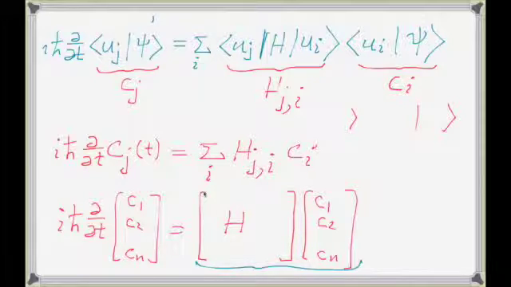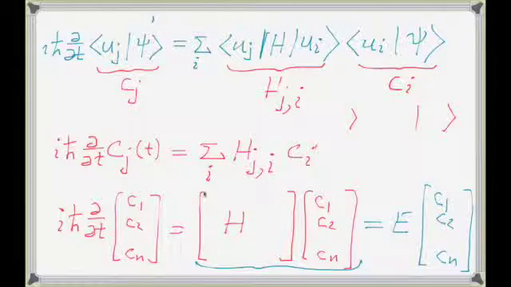This is what we just did for the 2x2 case. So the procedure is, if you have a Hamiltonian, you calculate the matrix elements, you form your n by n matrix, and you calculate the eigenvalues and eigenvectors. That gives you a lot of what you need to know.